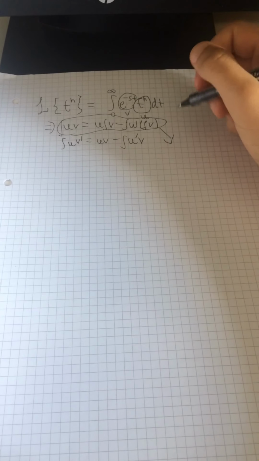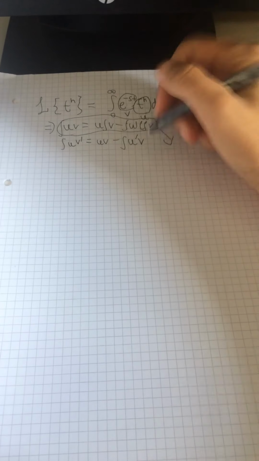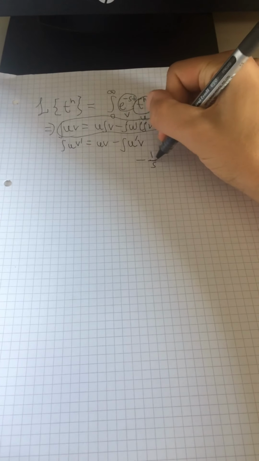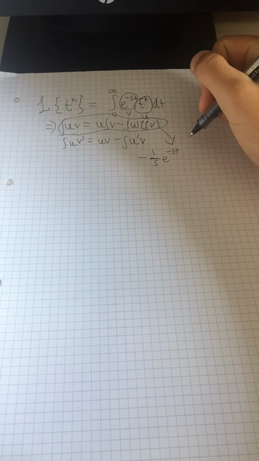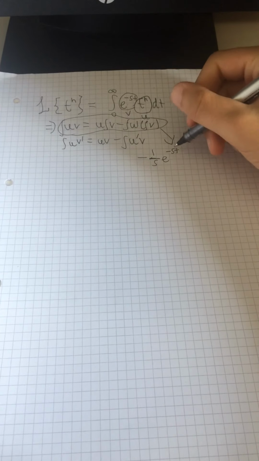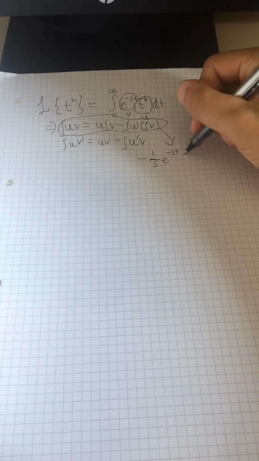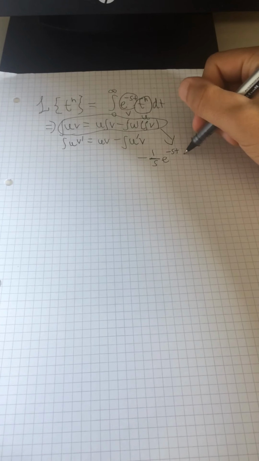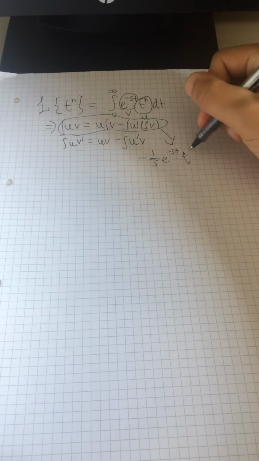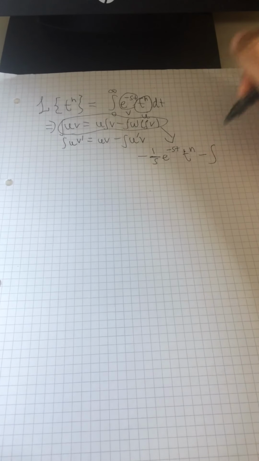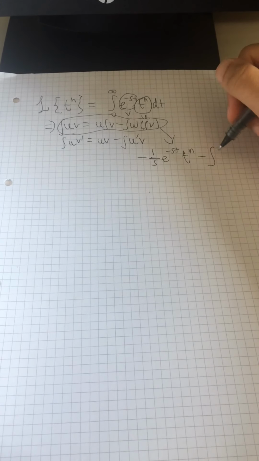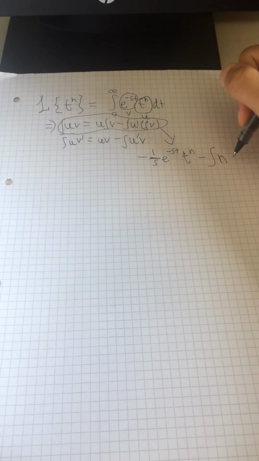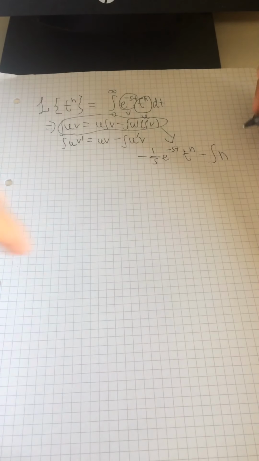Okay, so what we have here is minus 1 over s, e to the minus st, sorry, and then times this, which is untouched, but then we have to integrate t to the power of n, prime, so we just apply the regular power rule.